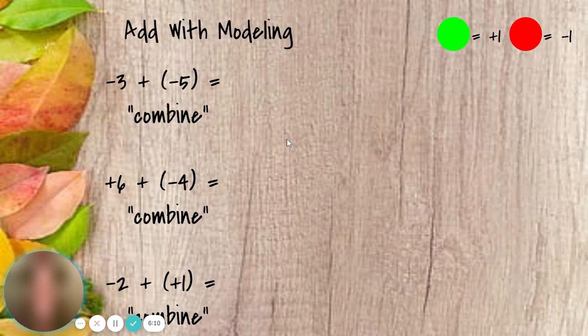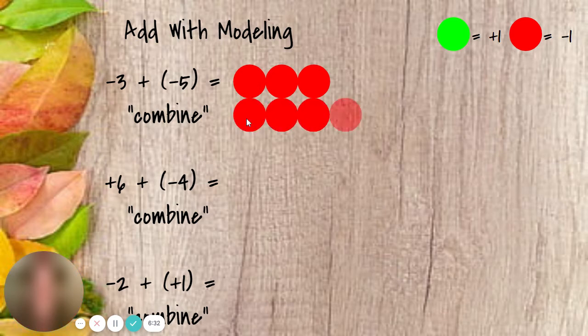Okay, I'm going to go ahead and put in 3 of the red circles because those are 3 -1s. So I've got my 3 -1s. That accounts for this right here. Now I'm going to put in 5 of the red circles to make up for 5 -1s. So I have 3 and I have 5.